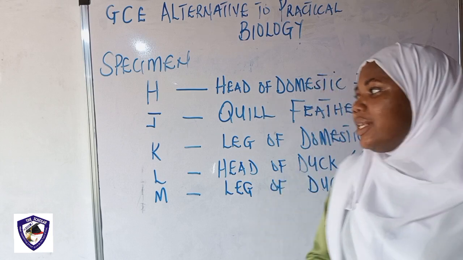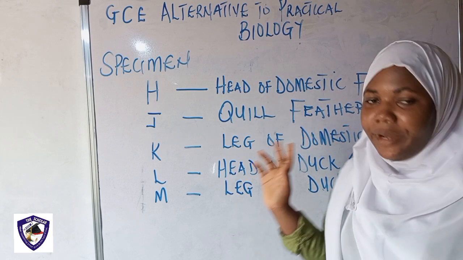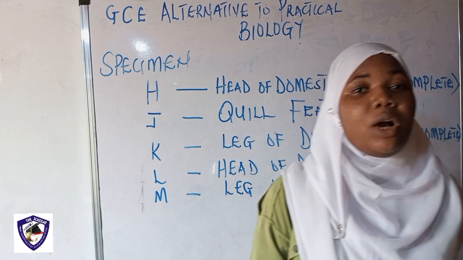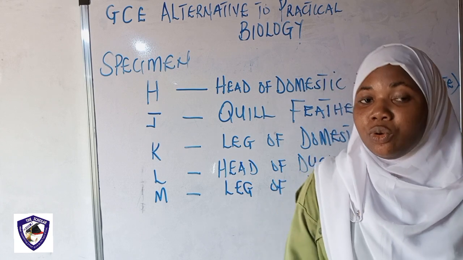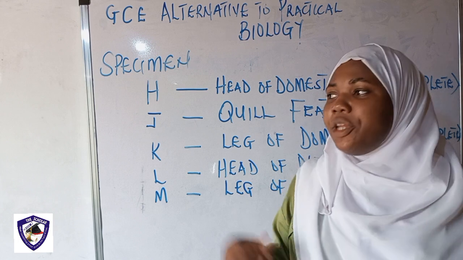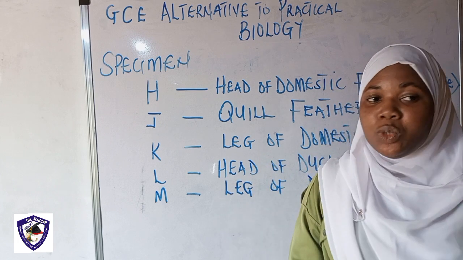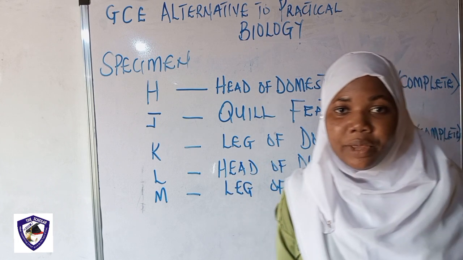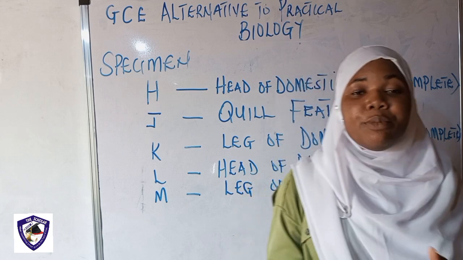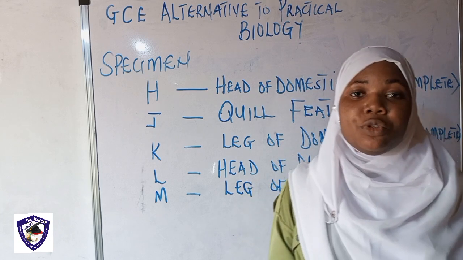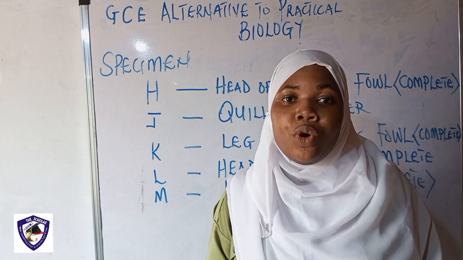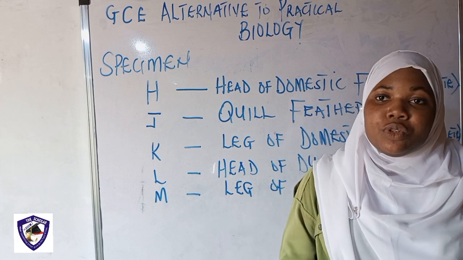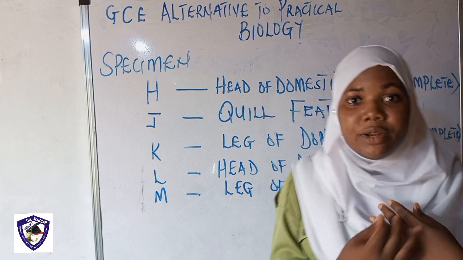This quail feather belongs to organisms that are terrestrial. They make use of this quail feather for insulation, that's balancing the body temperature. They make use of it for protection. They make use of it for camouflaging. That's when they are hiding from their predators, or hiding when they want to feed on other organisms when they themselves are the prey.